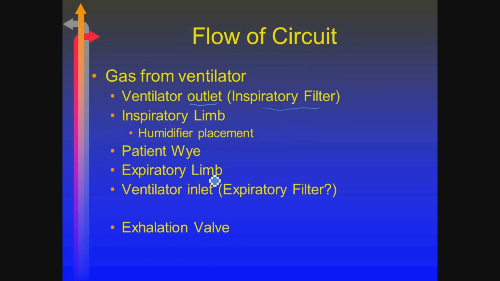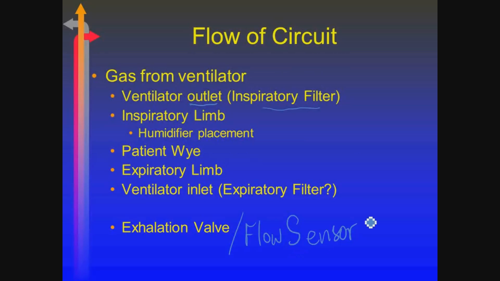And once it gets back to the ventilator, there are a couple of things there. One, there is something which pulls the gas back into the machine. It may have a filter there, it may not. But there are two components that you'll need to be made aware of.